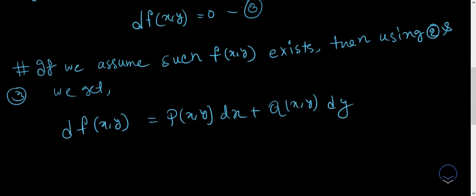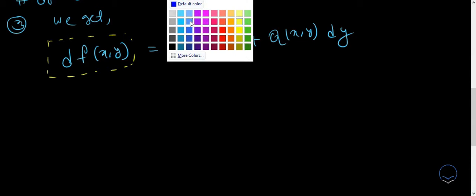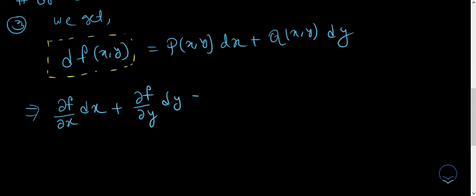Now this is an exact differential d of f, right? So now what we do, we expand it in terms of the partial derivatives of it. So this will be partial f partial x dx plus partial f partial y dy, and now I'm not writing the x y explicitly over here, it is understood from the context. Then you have p dx plus q dy.